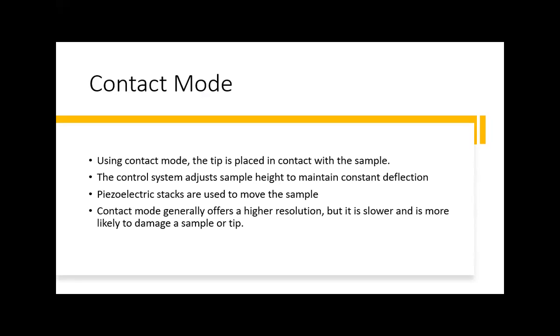We try to keep this cantilever at a constant deflection. Whenever it hits, say, a bump in the surface, it's going to deflect. That tells our software we need to move away from the tip to bring that deflection back to constant, and it uses that amount of change to say this is some geometry on our surface.